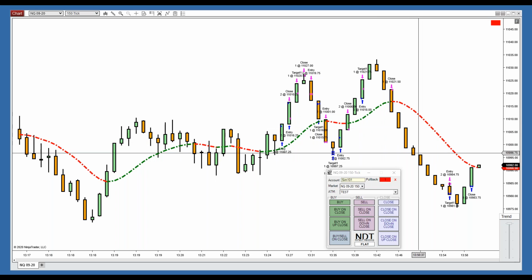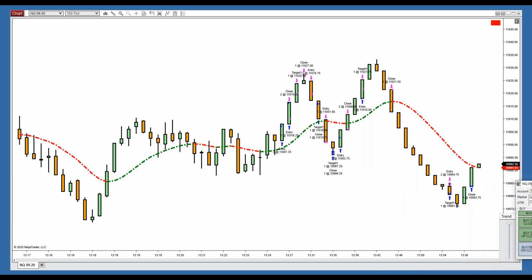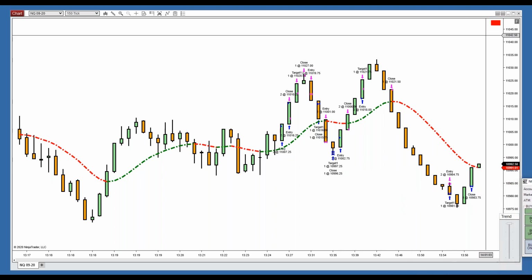Okay, so now what we're going to do is go to what I consider to be a major upgrade in trade management. I'm more proud of this than anything that we've ever done on this tool.